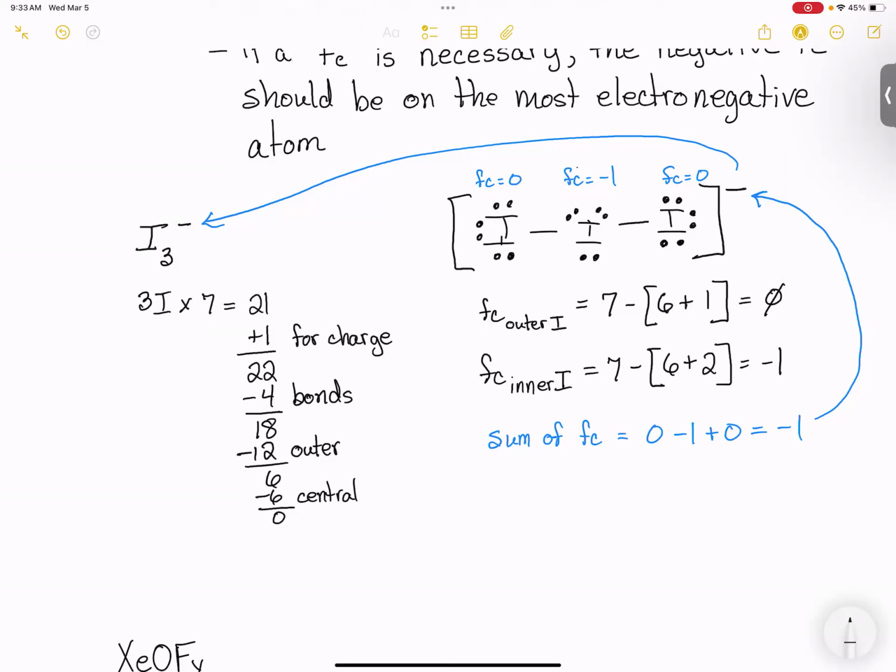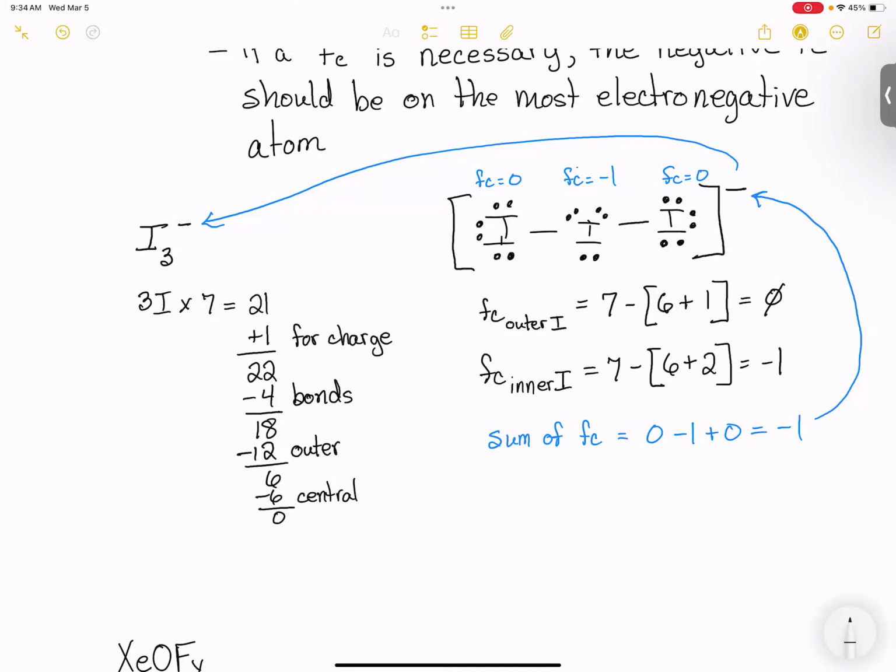Can an element have an expanded octet? In this particular case, iodine is allowed to have an expanded octet because it's in period 3 or greater on the periodic table. Once we had developed that structure, we placed it in brackets with the charge outside, because you must do that for every ion.